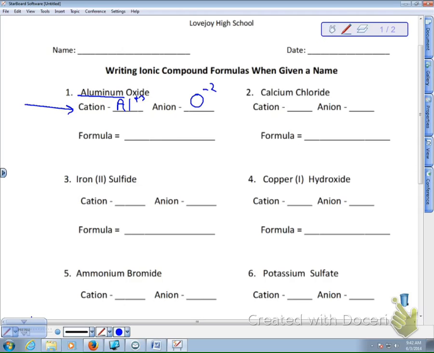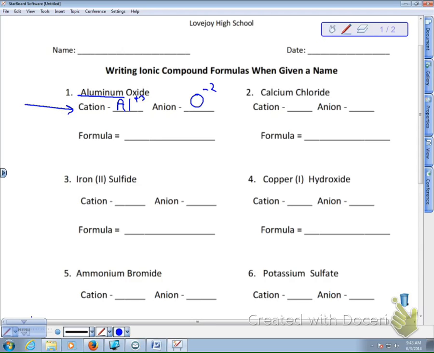Now that you know what the ions are, you put them together. And what we have to do is make sure that the ion charges add up to equal 0. Right now, +3 and -2 would not come together to equal 0. A couple of ways to do this. I think the most theoretically sound way to do it is to make this a least common multiple problem, like you learned to do in math years and years ago.